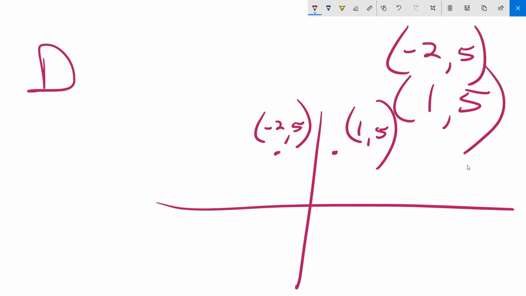What's the distance between those two points? That would be 3. The distance is just one number.